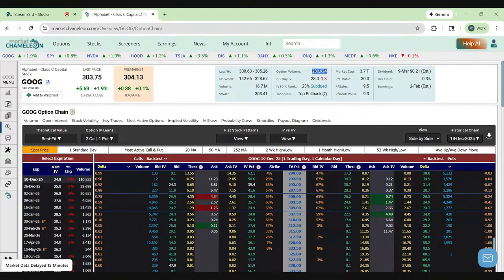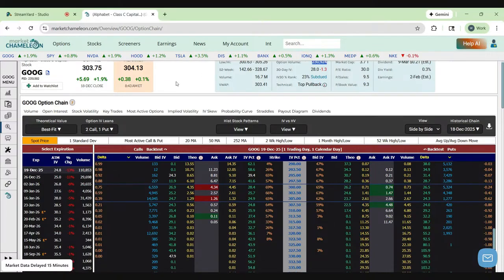Were there mostly calls? Were there mostly puts? Were they mostly in one expiration? Then you could keep drilling into the individual option. How much volume was in a particular option? This is how we go down the line.